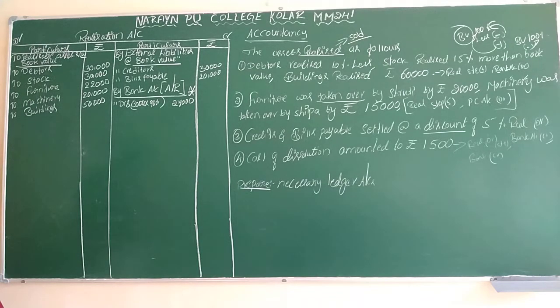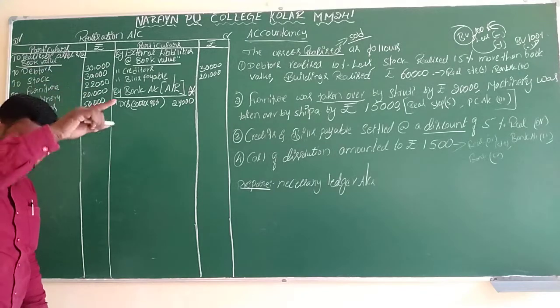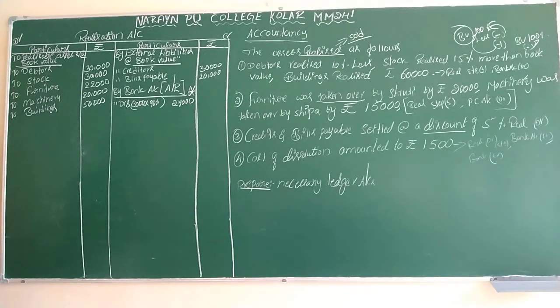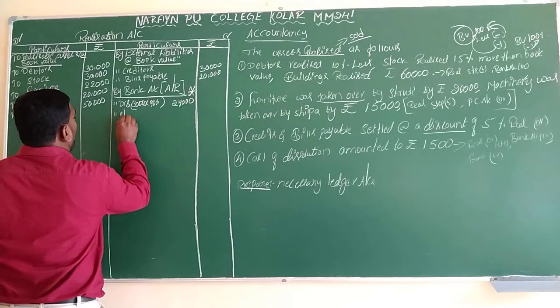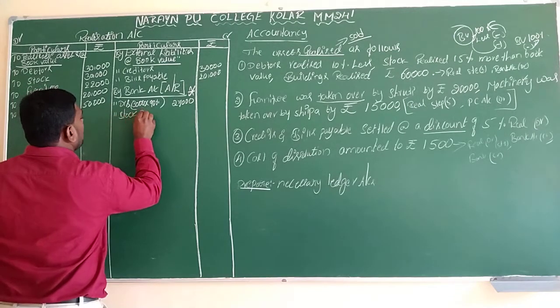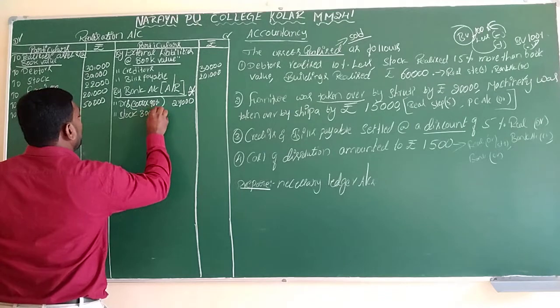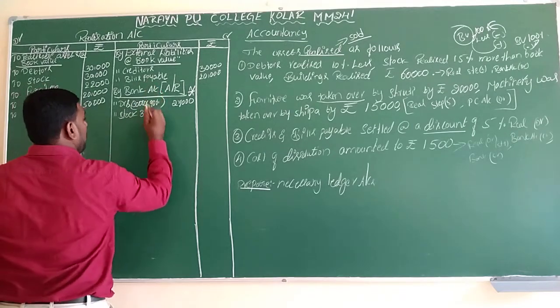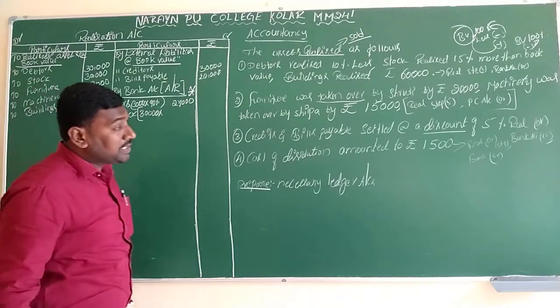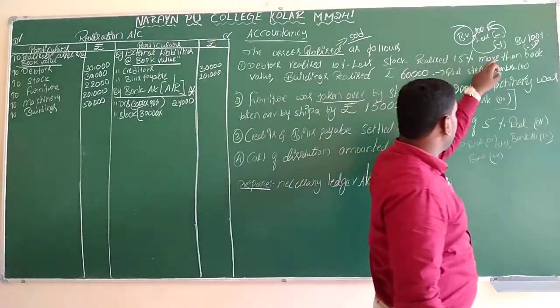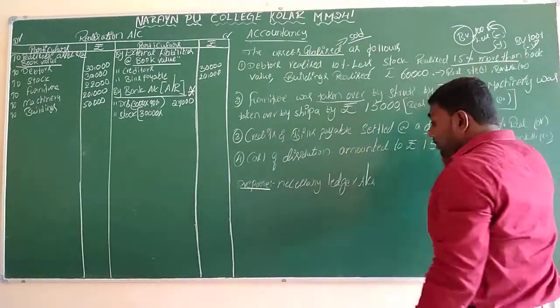It also says that stock realized 15% more than book value. The stock is given in the balance sheet, the value of stock is 30,000 into, here the concept given is 15% more than book value.